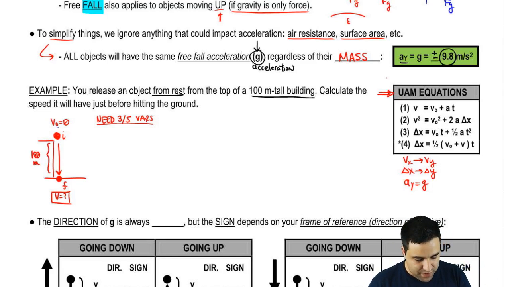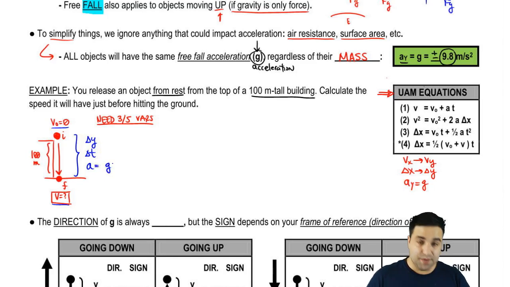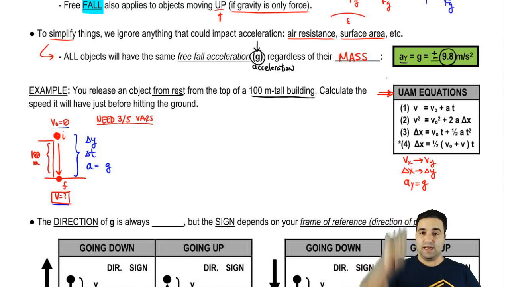So I have 1 variable here, 2 variables here. I need 3 more. Let's list them. It's the delta y between initial and final, the time that it takes between the two, and whatever acceleration you're going to have. Now, notice that I wrote delta y, not delta x. The acceleration here is going to be gravity. I'm not going to put a sign just yet. And if I'm falling from a building of 100 meters, my vertical displacement is 100, right?